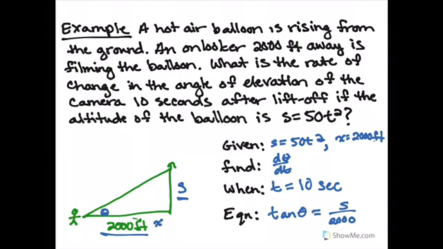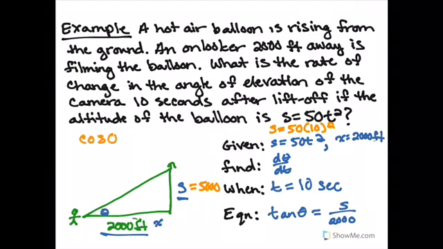Okay, so when t equals 10 seconds, what is my s? I'm just plugging into that equation there. 50 times 100 is 5,000. And if I want to get cosine theta, it's adjacent over hypotenuse.